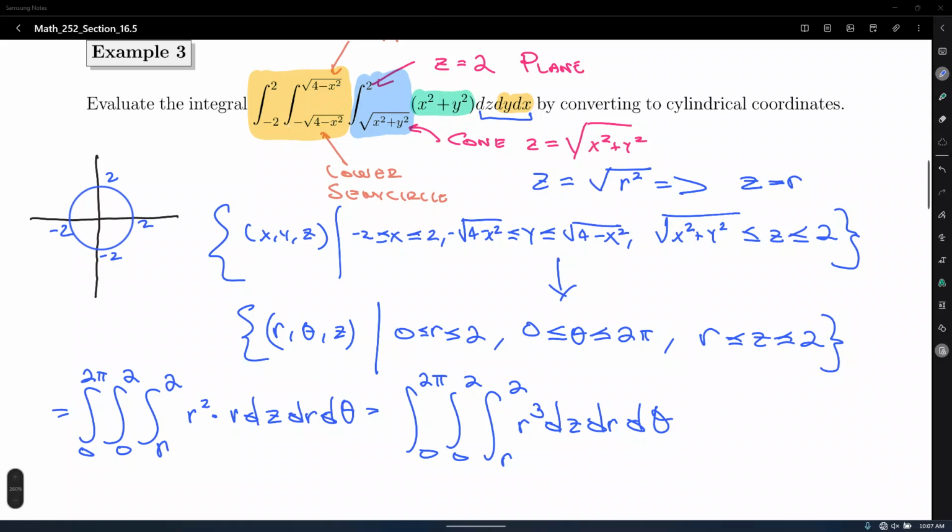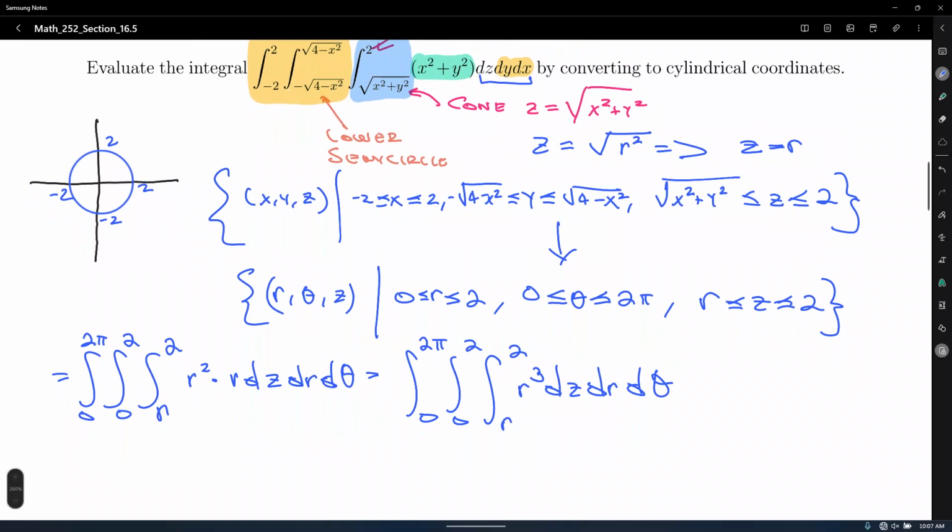All right, I'm not going to go through the entire integration process because it's very similar to that of the previous example. What we really want to see about these different exercises is how we set them up. We look at the solid in GeoGebra whenever possible, or in many situations we have to use our imagination.